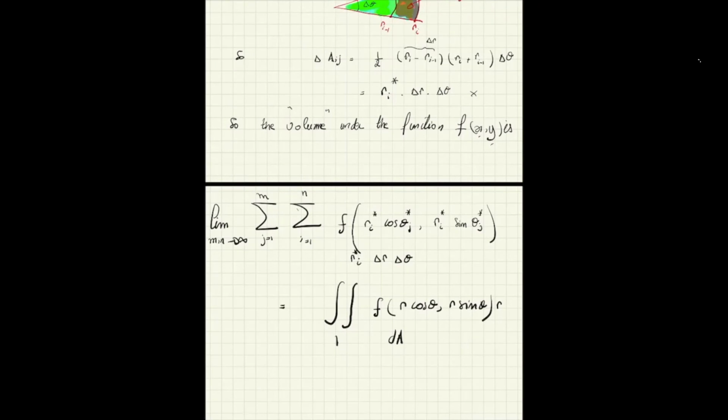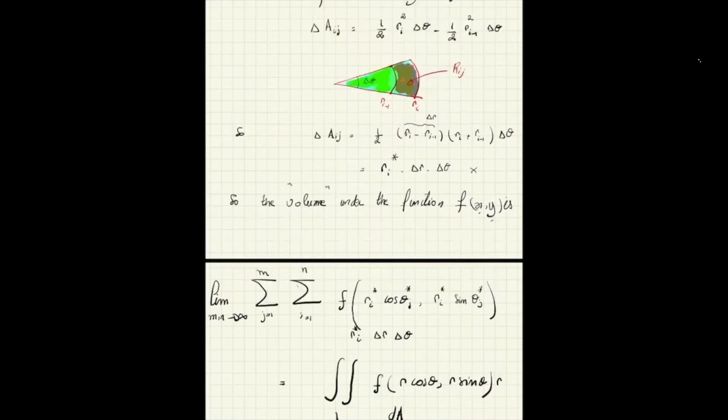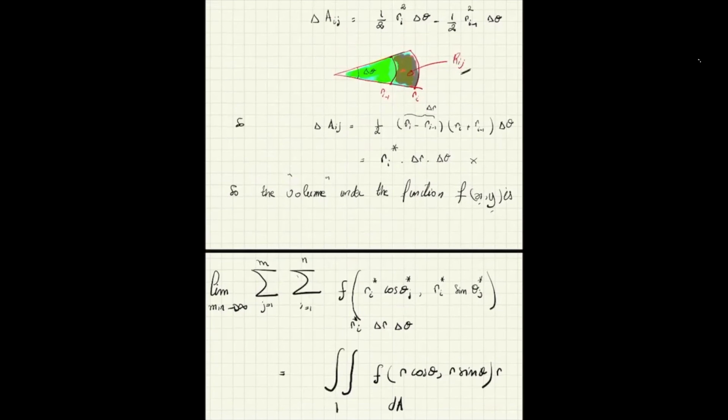right? Because this is, I went a bit faster, I know, but it's the function times the area of the rectangle Rij. And this is the area of the rectangle Rij, and it is given by this, right? And then you just plug it into it here.